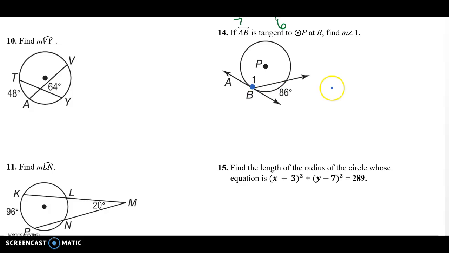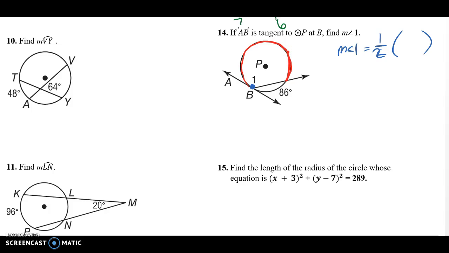Anytime we have an angle with a vertex on the circle, the measure of the angle is always just 1/2 of its intercepted arc. This guy's intercepted arc is right here.